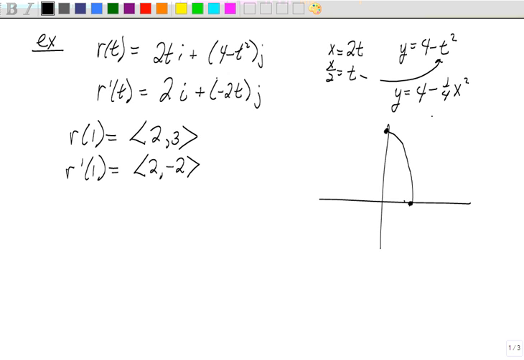All right, so vector 2, 3, I go over 2 and up 3.